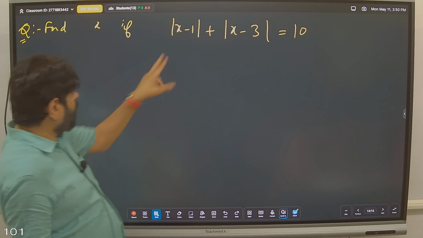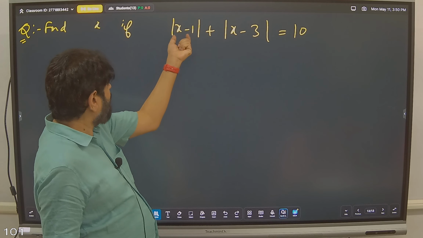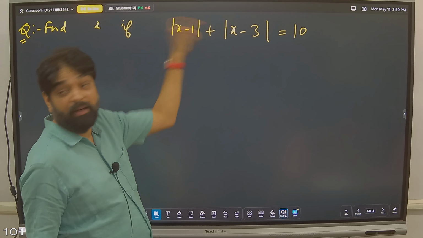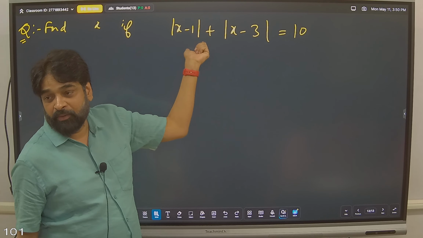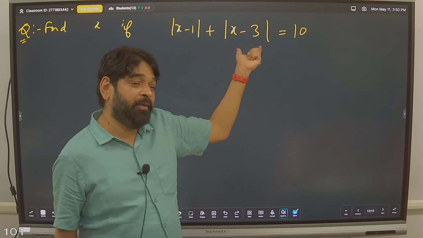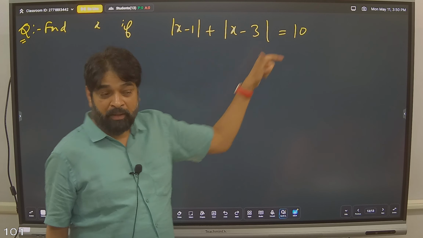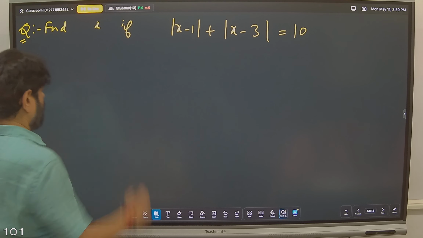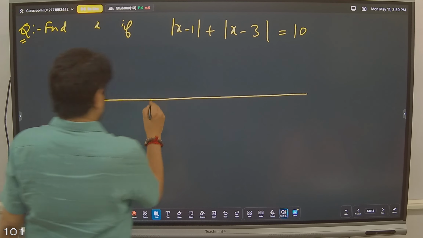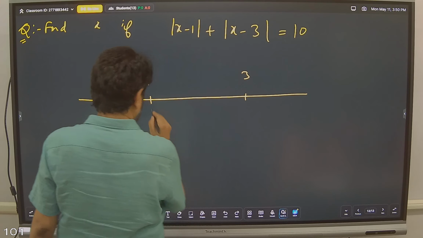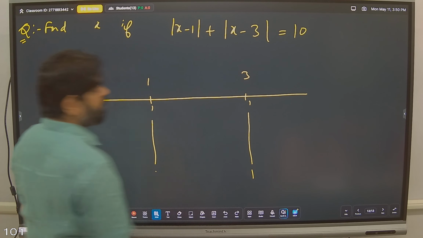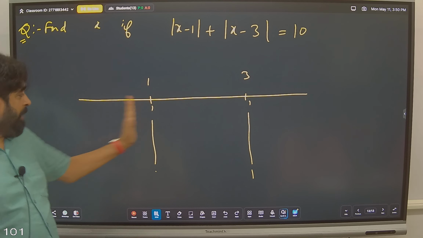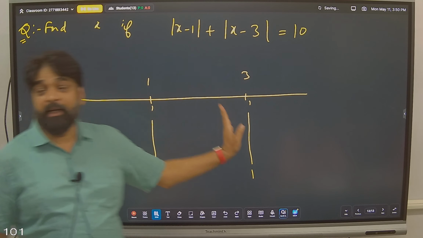So we go to the question and see what the problem is. One mod says I can be free only before 1 or after 1, and the other says I can be free only before 3 or after 3. It means we have to work on 1 as well as 3. On the real number line, 1 will be somewhere and 3 will be somewhere. I have to solve this question 3 times: before 1, between 1 and 3, and after 3.